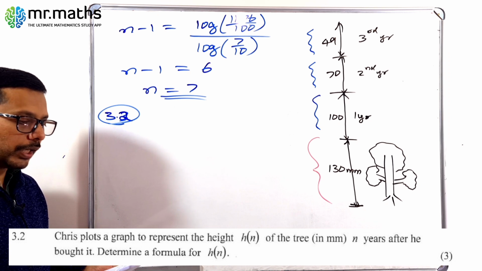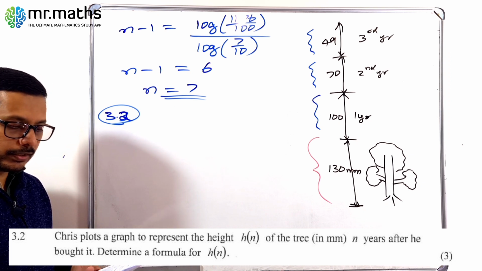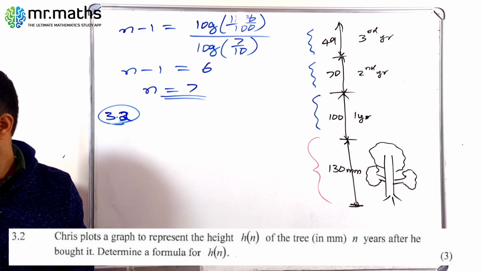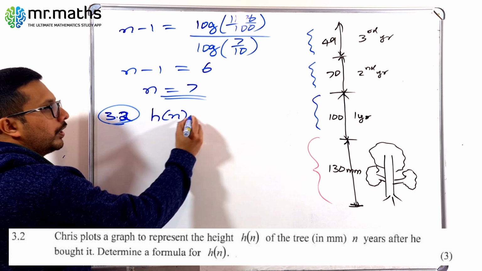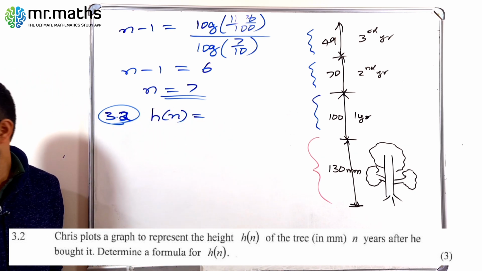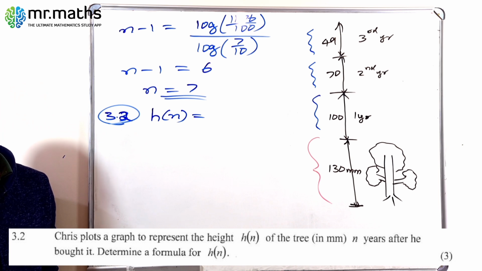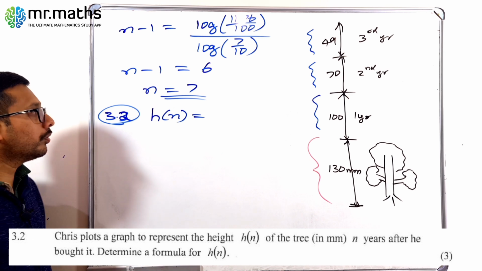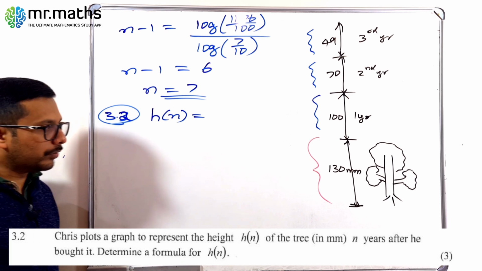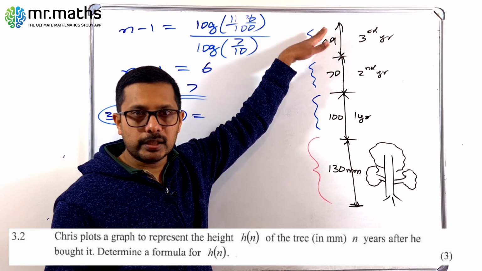So you have to write a formula for h of n. So what is the meaning of that?